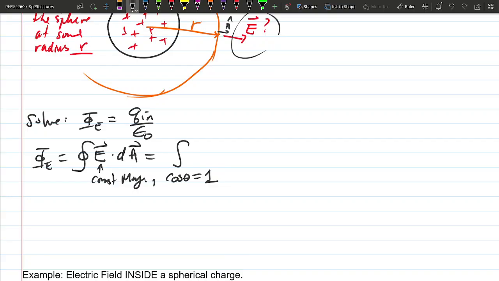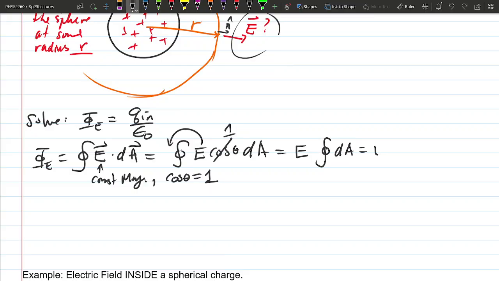We have to do this closed surface integral. It's E cosine theta dA. We know E is a constant, so we can pull it out. We know cosine of theta is equal to 1, so it's actually E times the surface area of dA, and we already know that that's just the area of our sphere, and the area of a sphere is 4 pi r squared.